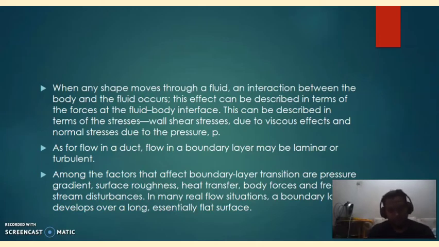As for flow in a duct, flow in a boundary layer may be laminar or turbulent. Among the factors that affect boundary layer transition are pressure gradient, surface roughness, heat transfer, body forces, and free stream turbulence. In many real flow situations, a boundary layer develops over a long flat plate surface.